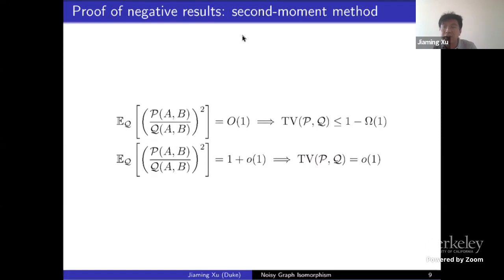In this case, strong detection is impossible. If you can show the second moment of the likelihood ratio is 1 plus little o of 1, then this implies the total variation distance converges to 0, so even weak detection is impossible. With this result, our task is now reduced to computing this quantity, the second moment of the likelihood ratio.